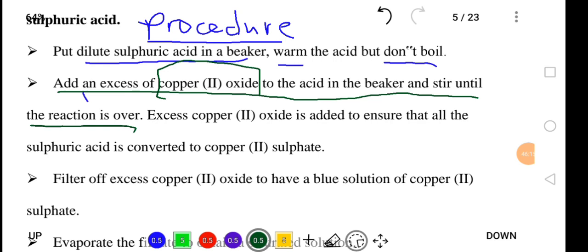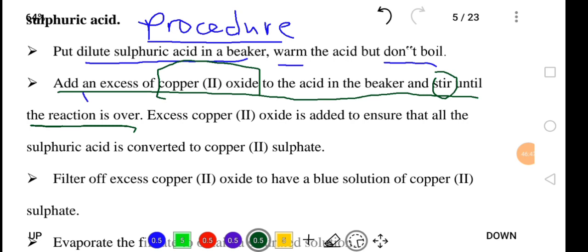And why is it important that you should be stirring the mixture? Number one, when we stir the mixture, we are promoting the motion of particles. Because I told you that the reaction will only take place when ions in the mixture are able to move. So as we stir, we are promoting the motion of particles.